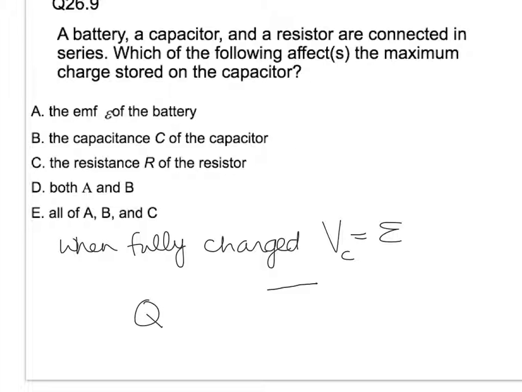Our relationship that we find for charge, capacitance, and voltage looks like this. So the charge of the fully charged capacitor is related to the capacitance and the EMF of the battery. And so our answer for this problem would be both A and B, the EMF and the capacitance.